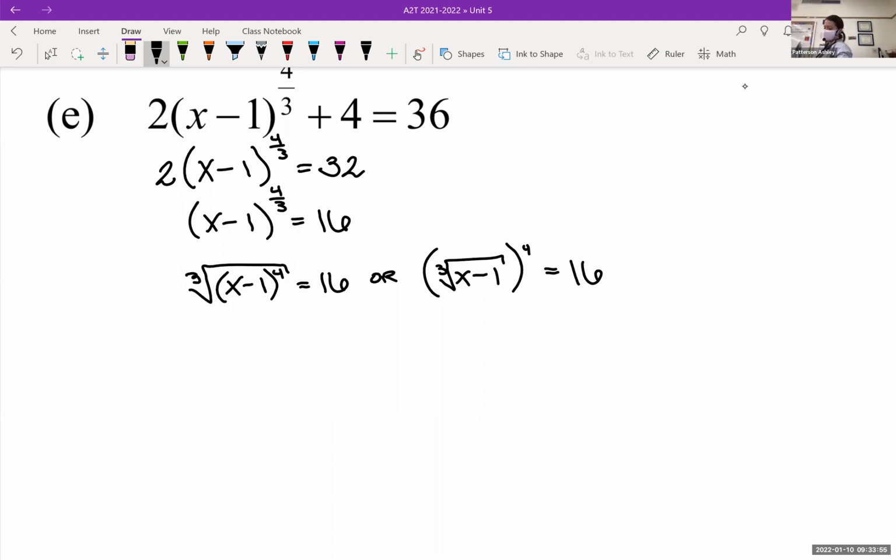Looking at our equation, what would you prefer to do first? Cube both sides or take the 4th root? There isn't a wrong or a right answer. It's just your preference. Cami? 4th root it. Why?